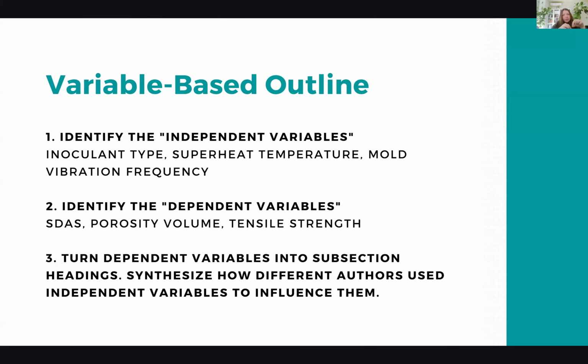And in there, you look for or you add information from different sources, how authors use heat treatment temperature, alloy composition, inoculation, anything else to affect that tensile strength. So those are your independent variables and they affect your dependent variable of tensile strength.